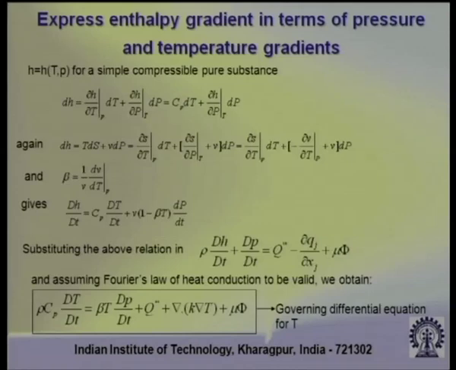If you have S and T, what are the two other variables which will come in the Maxwell's equation? P and V. So this particular term will be the partial derivative of V with respect to temperature, of course with a minus sign. That is one of the four Maxwell's relationships.